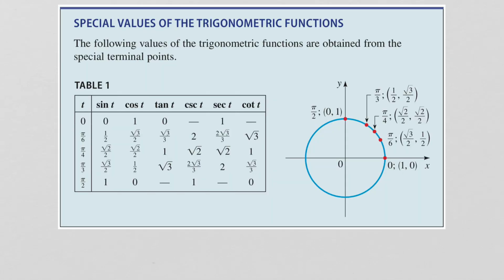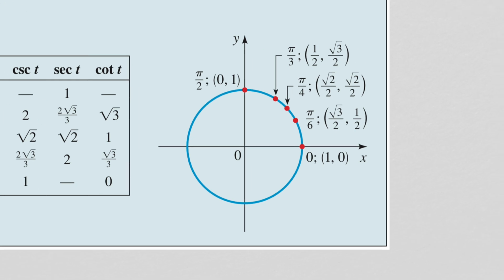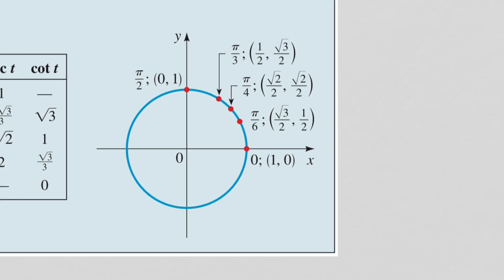So the real question when finding values of trigonometric functions, especially when you're looking at special angles, is do you know what those values are? Here I have the unit circle with the special angles. The special angles between here and here are going to be 0, pi over 6, pi over 4, pi over 3, and pi over 2.